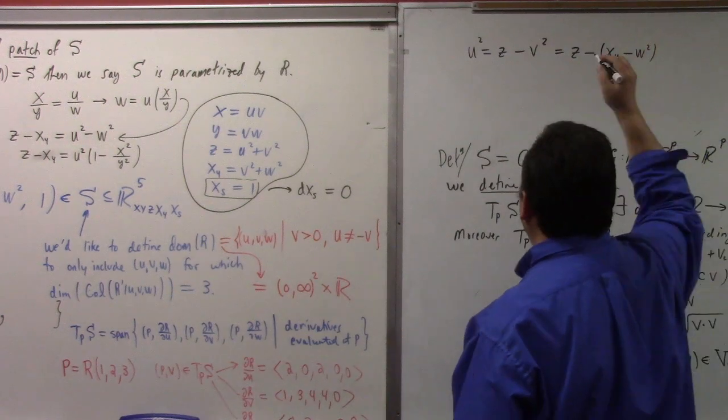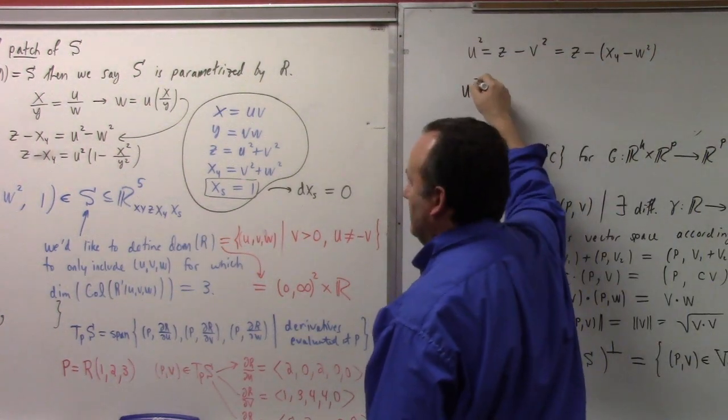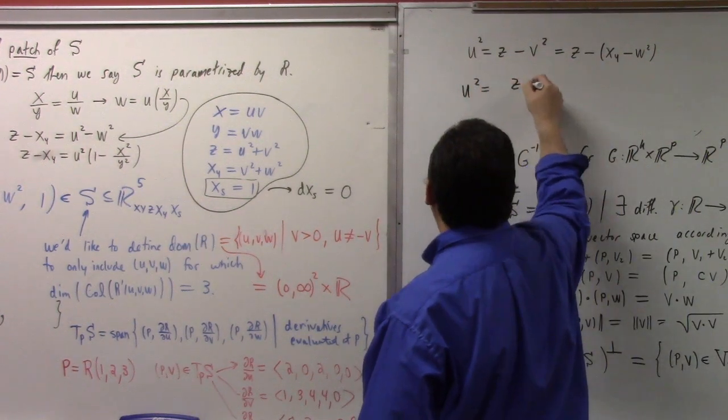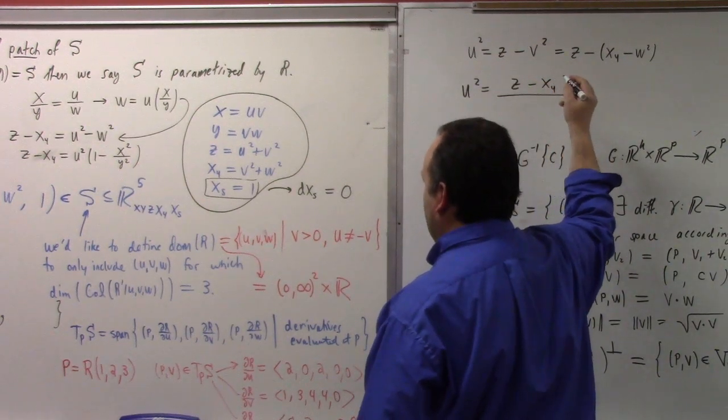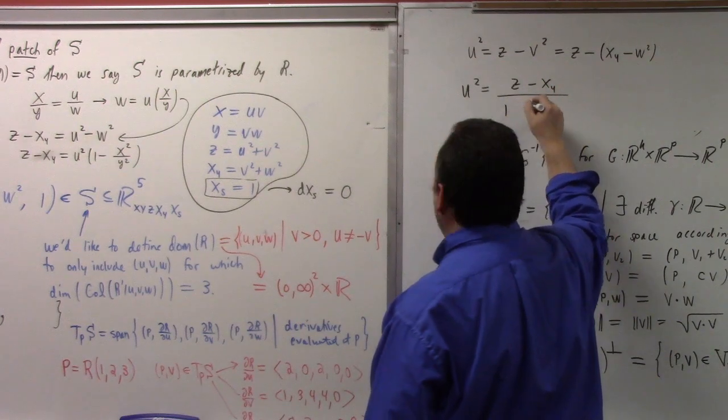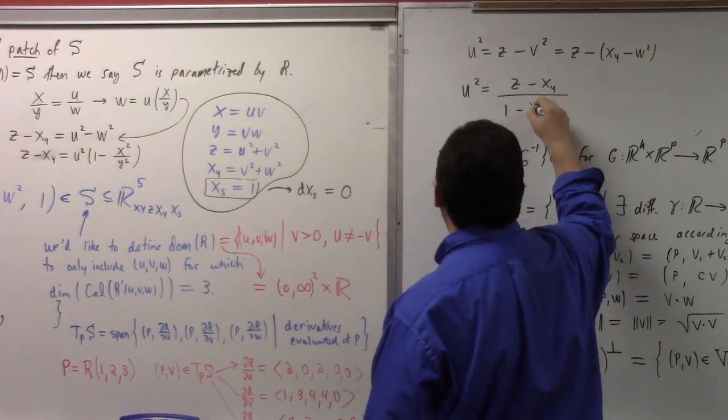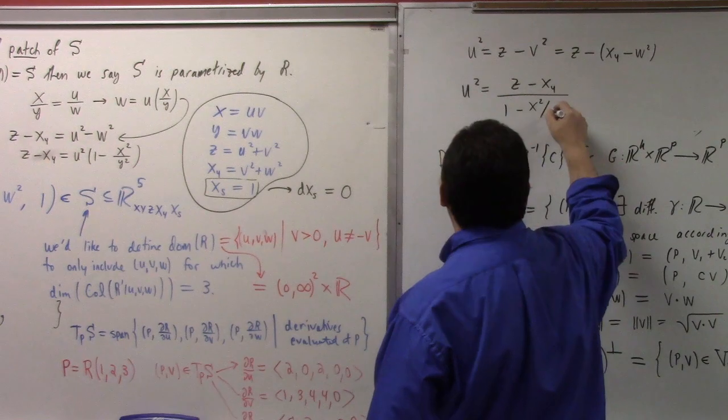But I do know that I can solve u squared is equal to z minus... See, this is the kind of thing, if you're just doing it and not paying attention to where you started and where you've been, you'll find yourself getting 0 equals 0 eventually, stuff like that.